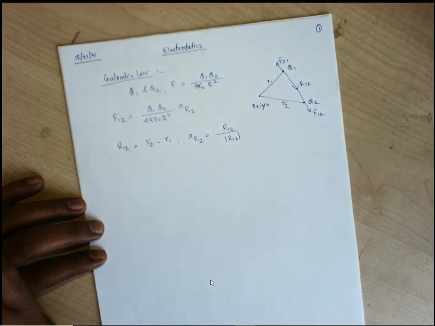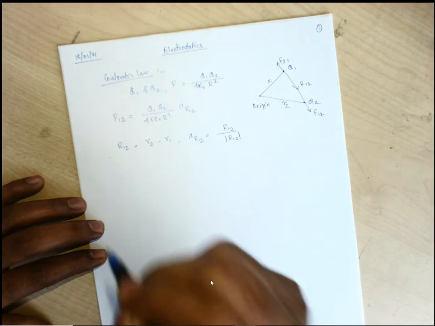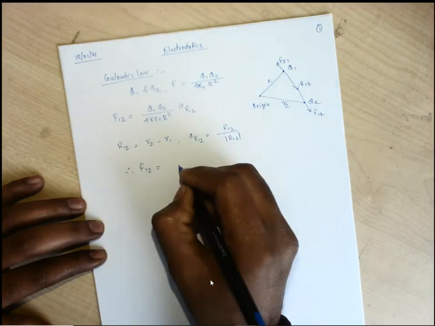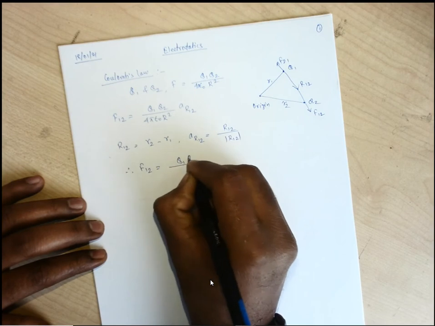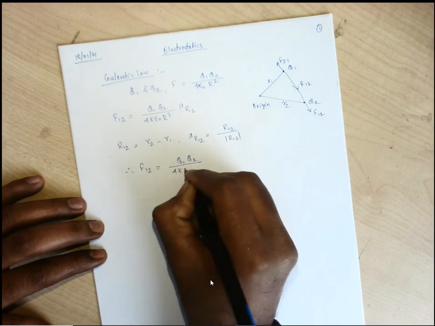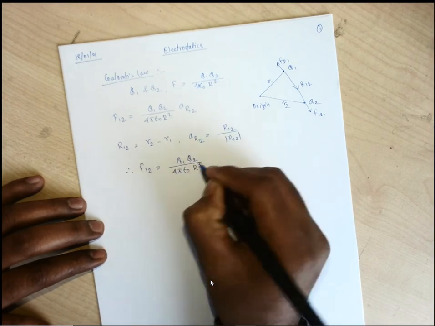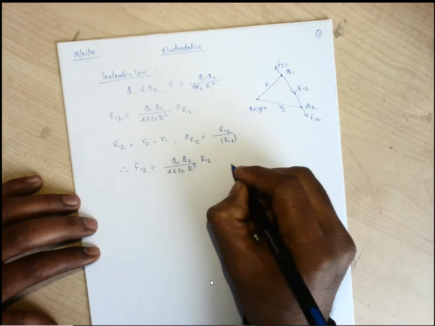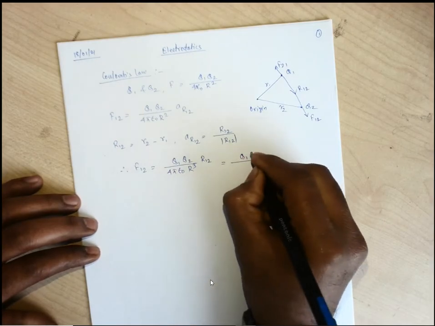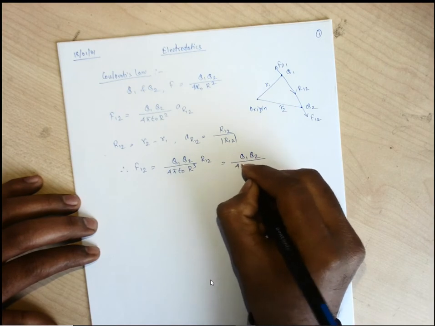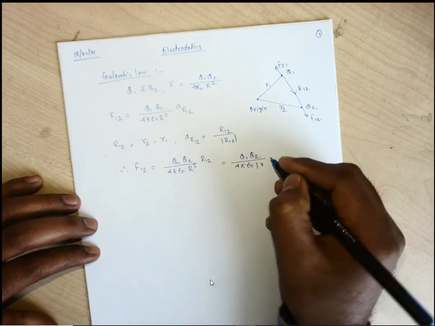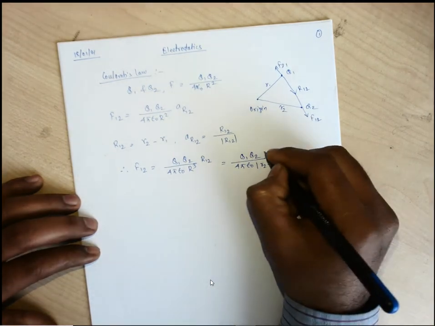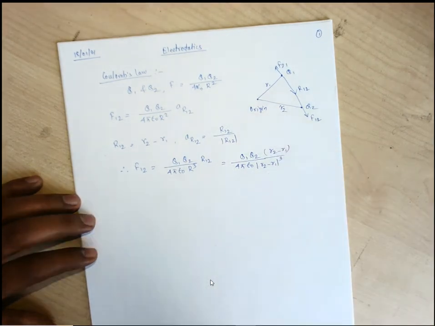So more specifically in terms of the vector, we can write F12 is equal to Q1 Q2 by 4 pi epsilon naught r cube times r12, or we can write Q1 Q2 by 4 pi epsilon naught, (r2 minus r1) by mod of (r2 minus r1) whole cube.